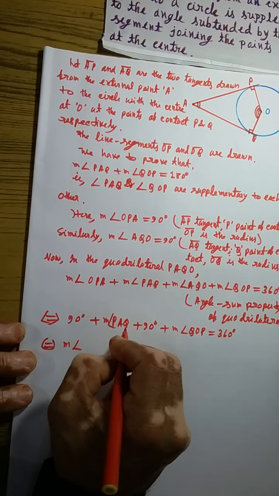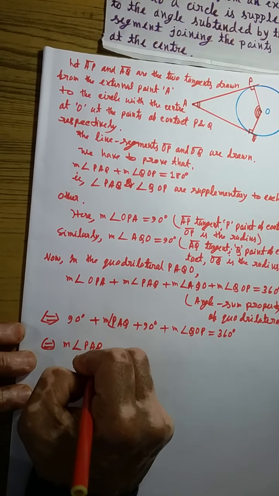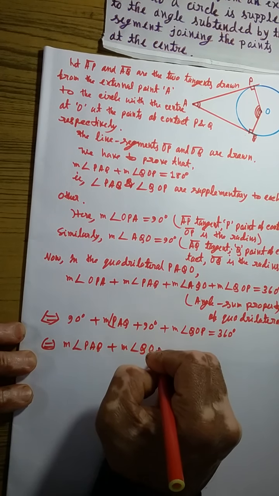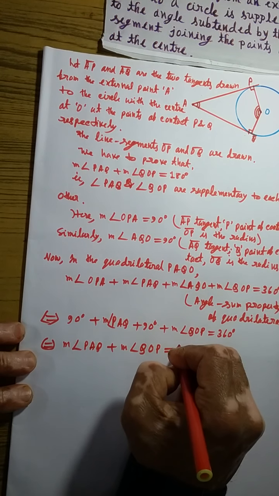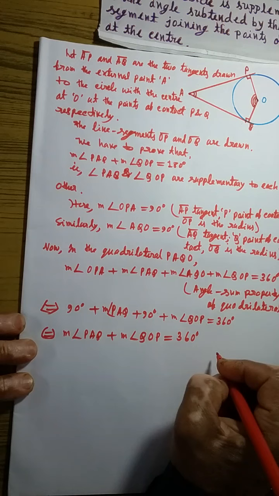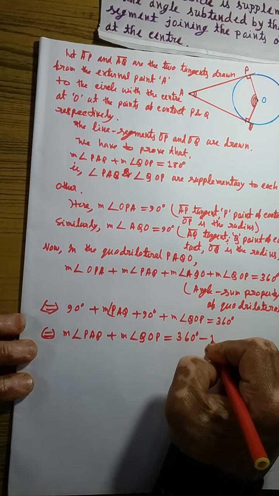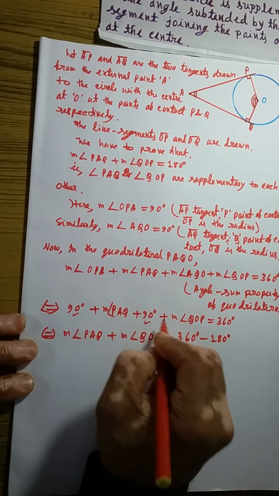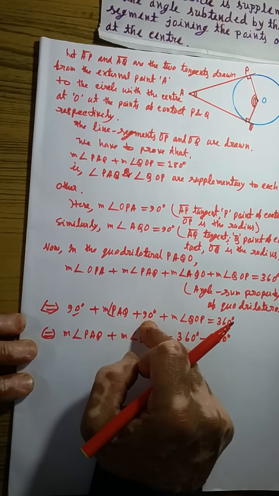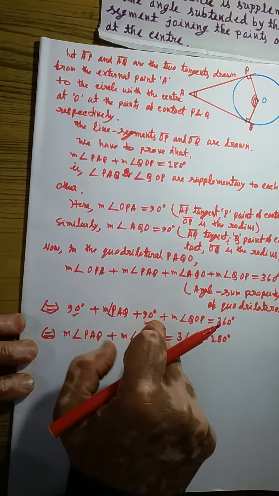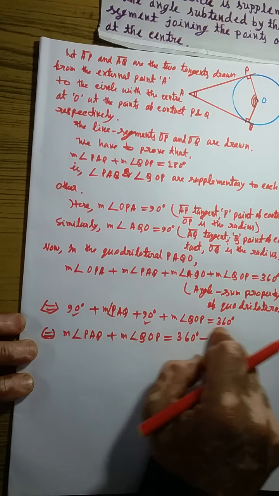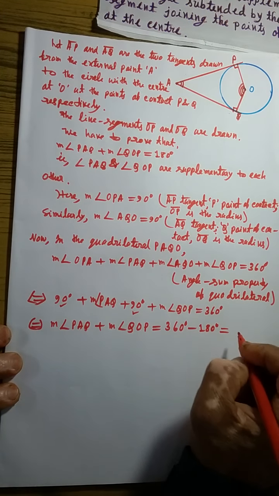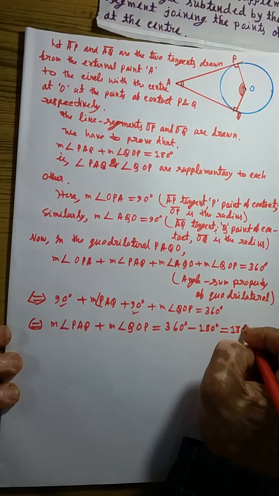That again implies measure of the angle PAQ plus measure of the angle QOP is equal to 360 degrees minus 180 degrees. This 90 degrees plus this 90 degrees will be equal to 180 degrees. If we transpose it to the right hand side, we will get minus 180 degrees, which is again equal to 180 degrees.